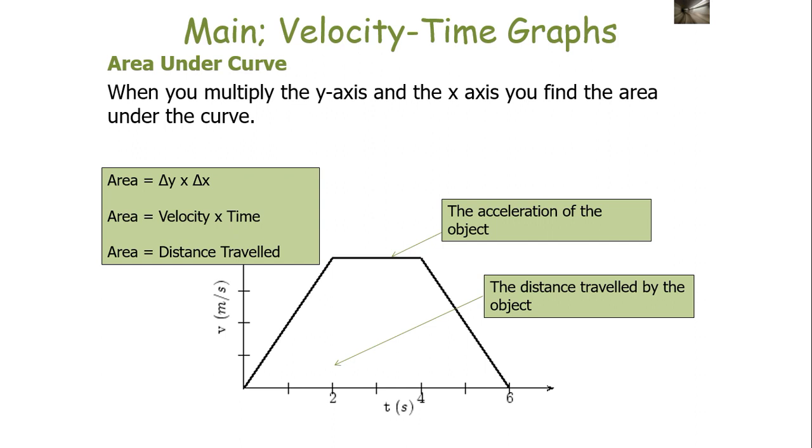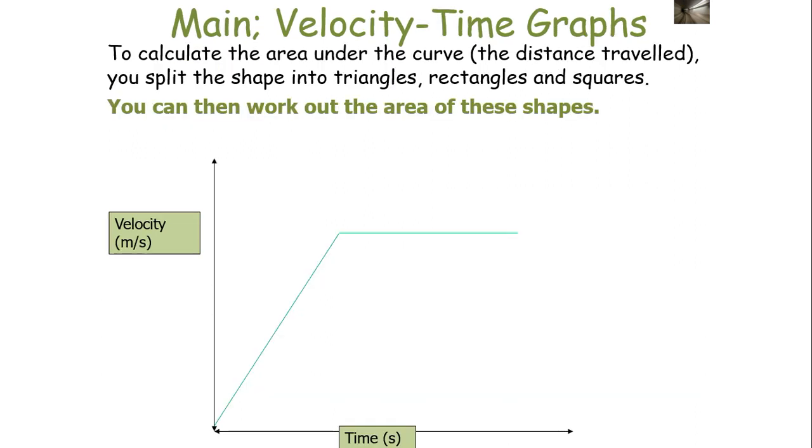So the y-axis is velocity and the x-axis is time, so the area under your curve is velocity times time. You know that velocity is a change in distance or displacement over time, so velocity times time is going to be the distance travelled. So basically, the area under a curve of a velocity time graph is the distance travelled by that particular object.